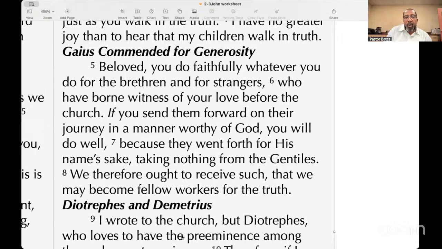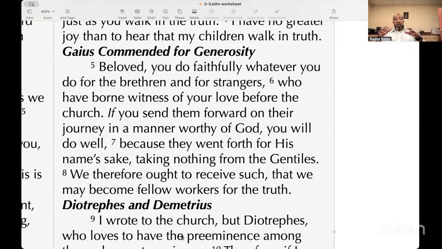So we should make a distinction in verse 5 as it relates to the brethren and strangers. You want to at least have that in your thinking.